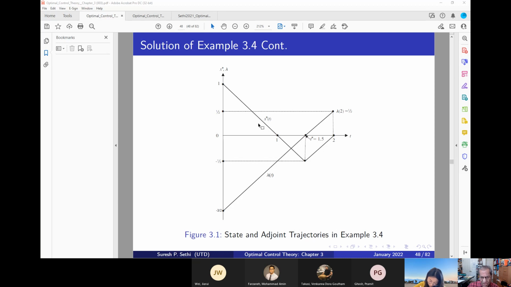The picture was 1 all the way up to 1.5, and then it goes -1, then +1, and exactly goes to 0. And lambda goes all the way from here to there. At this particular point, lambda t crosses the abscissa, becomes 0, and then continues on to this point. So we have both terminal values here: one is 0, one is half. Everything is satisfied, and we are done.